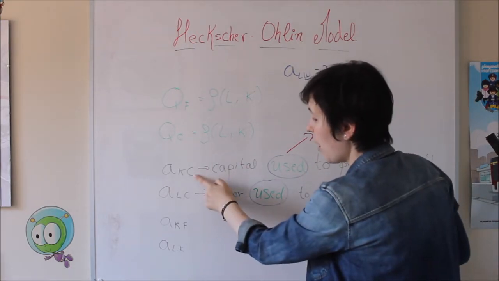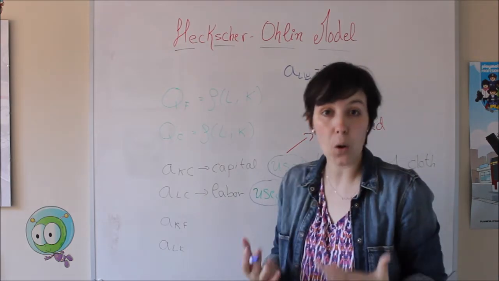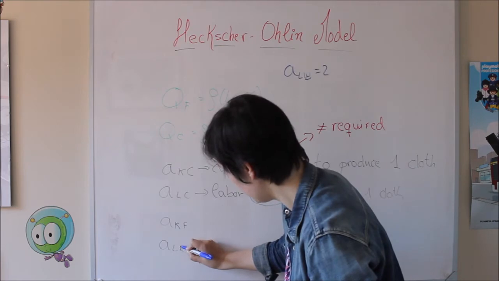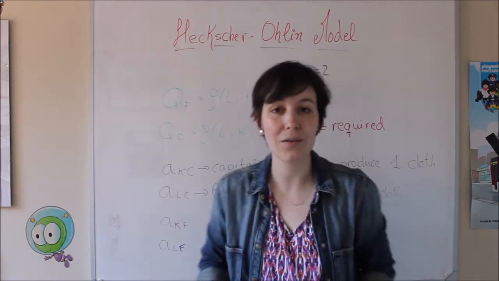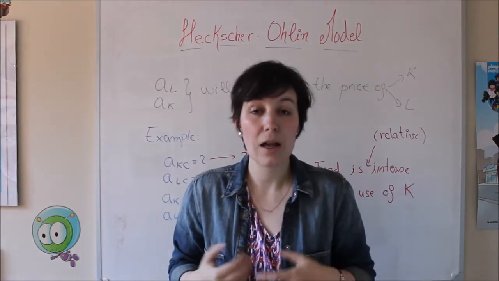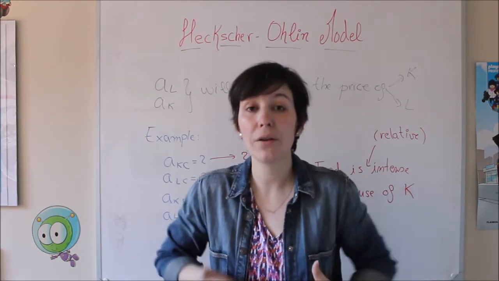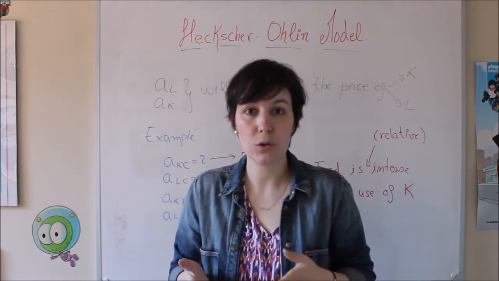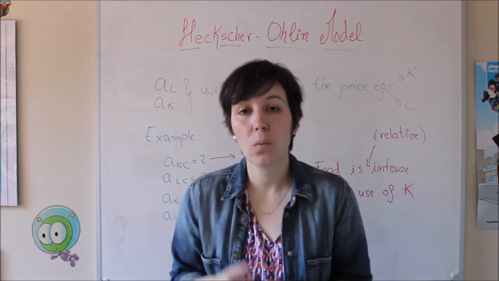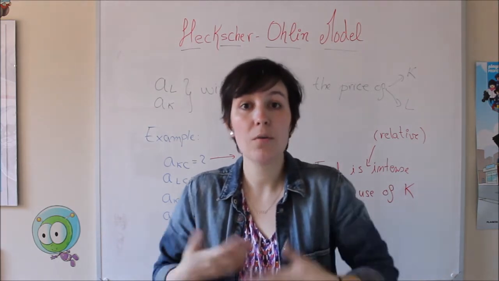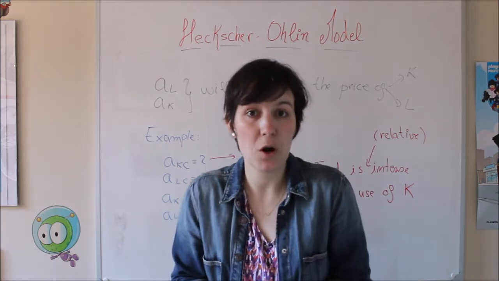So if here we have C coming from cloth, the F here, sorry, this is an F, it doesn't seem, but it's an F, it's coming from the other industry, which is the footwear. As we said, now we don't have a unit labor requirement or unit capital requirement. It's used. So you can choose what amount of labor you want and what amount of capital you need for producing 1 unit of your output.